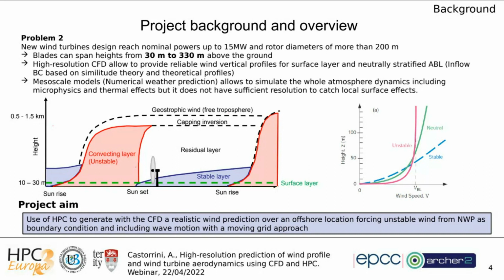So the second part will be an example of how to use CFD coupled with numerical weather prediction and with a particular method to try to include also wave motion in the simulation, to check the effect of all these features on the final wind inflow that we can give to the wind turbine simulation.